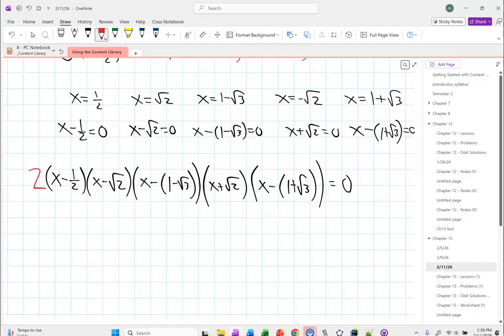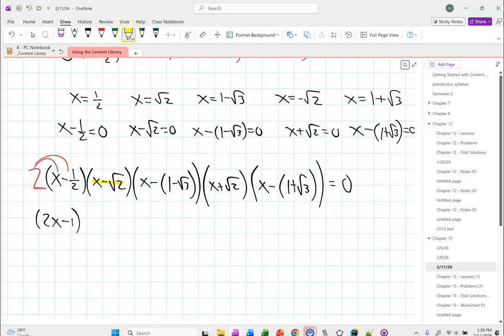Just going to multiply by 2. Is that okay with everybody? Why would I multiply by 2? Because of the 1/2. Yeah, because I can just distribute that through and now all integers, right? Everybody feel good? Okay, so all I'm left to do now is to multiply this thing together.